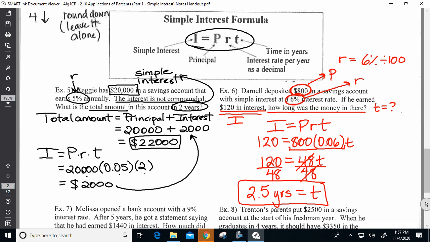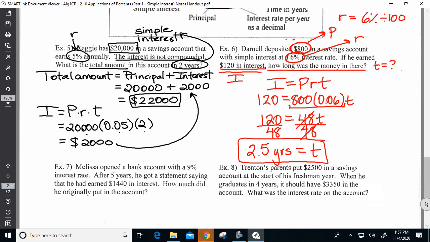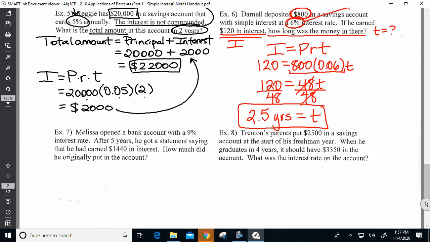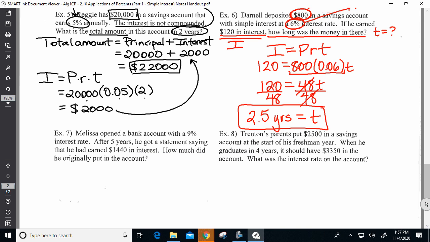Relearning something is free. Not doing what you're supposed to do and failing a class is not free, because it's $175 to retake the class. So, be smart about our job.